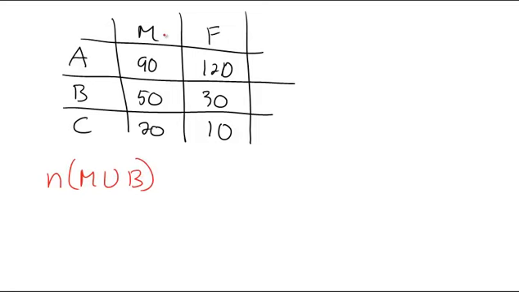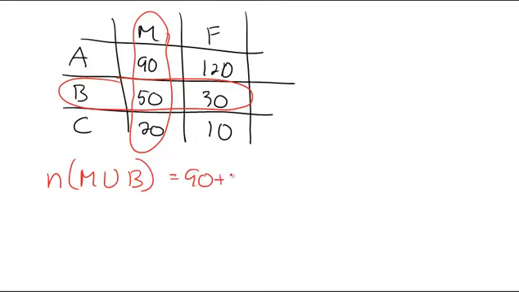So male, this whole column, B, this whole row. Of course, we don't want to count the 50 twice, so it's really just 90 plus 50 plus 20. Of course, if they gave you column totals, then you could just use that number right there. But if they don't, just do it yourself. And then we have to add in the 30.